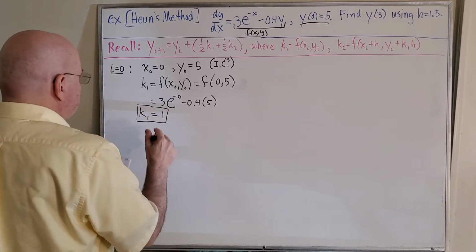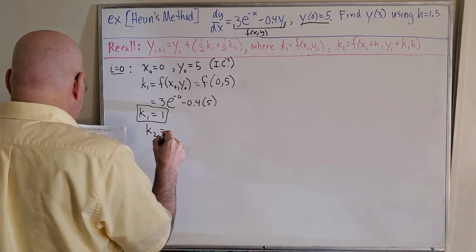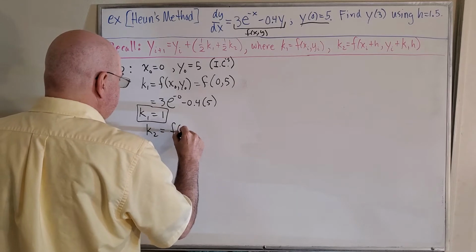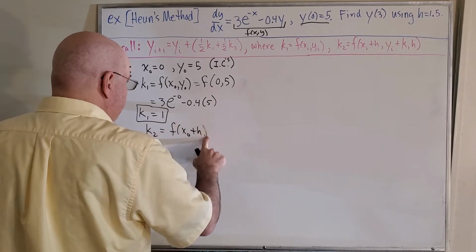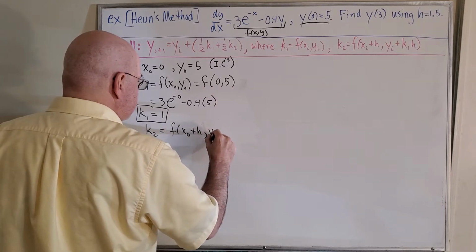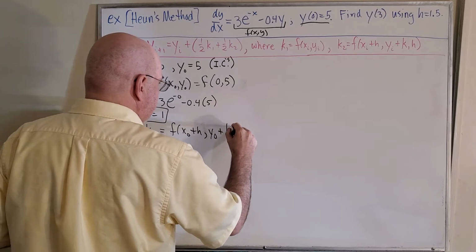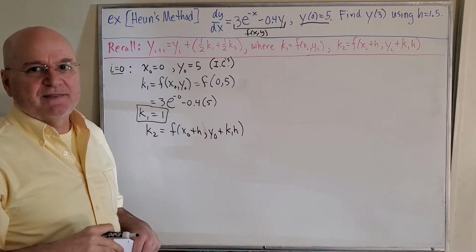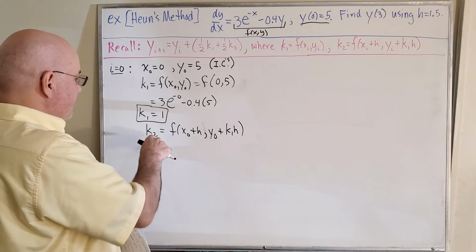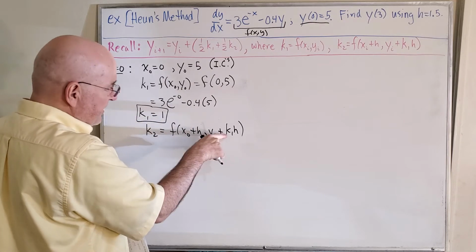All right, k2. It's a little longer. k2 is f of x0 plus h, comma, y0 plus k1 h. Now notice you have to compute k1 and k2 in that order because k2 uses k1 right here, so you need to know what k1 is. This k1 is going to become a 1.